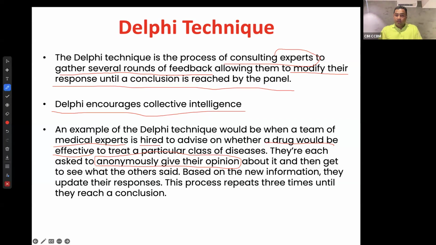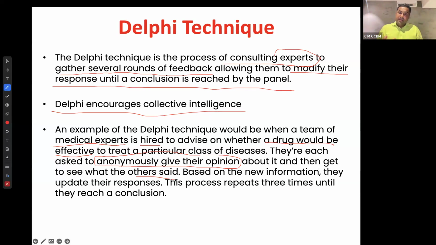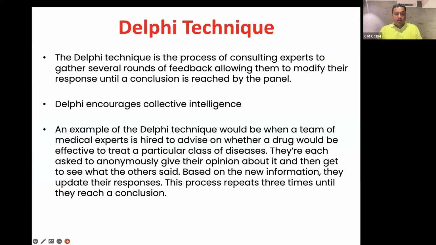Then they get to see what the others have said. Now you have individually got their opinion. Now you put it together and go and show all of them. So here's what all of you said collectively. Based on the new information, they update their responses. This process repeats 3 times until they reach a conclusion. So let's graphically illustrate.